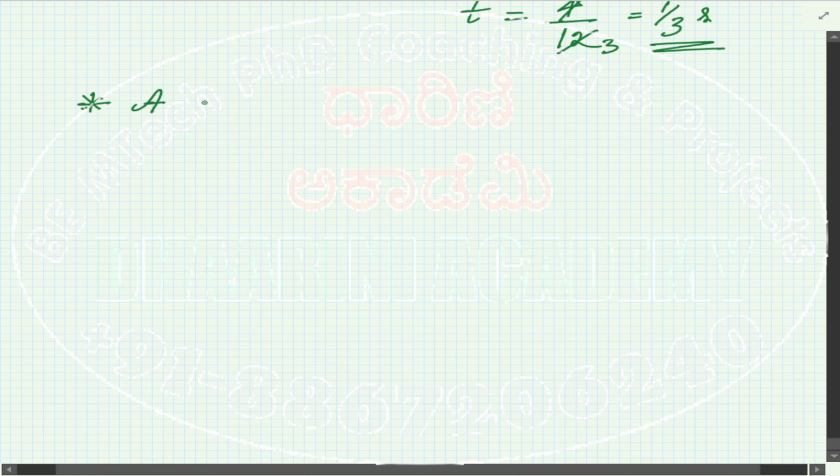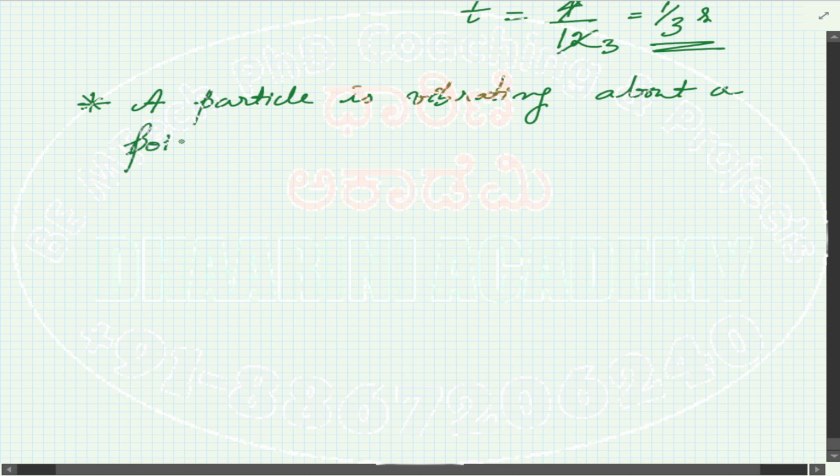A particle is vibrating about a point x equal to 0.